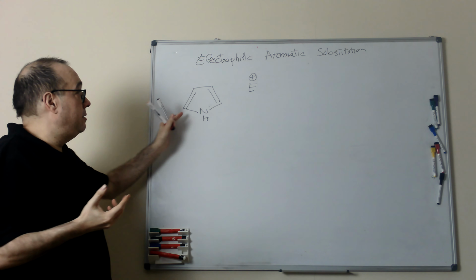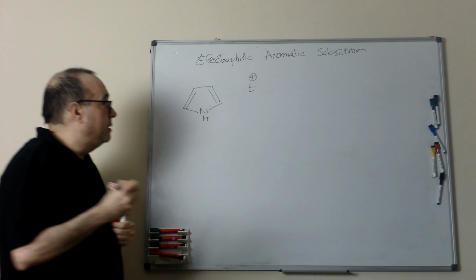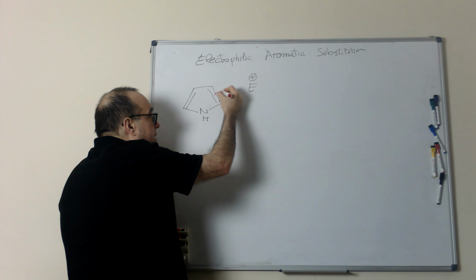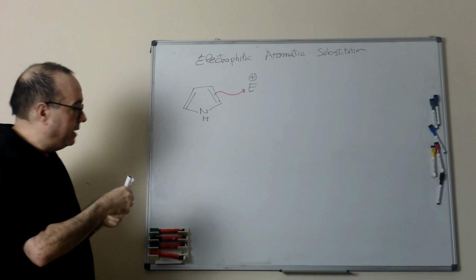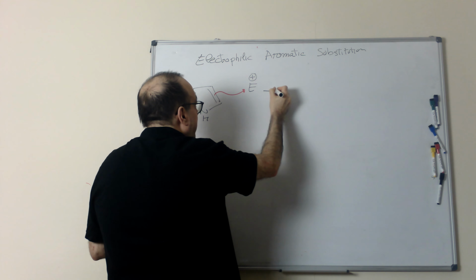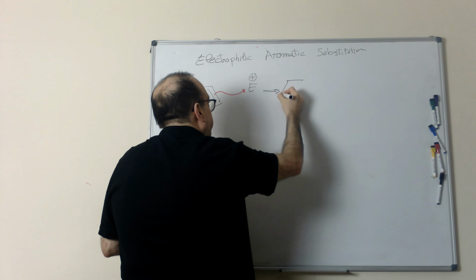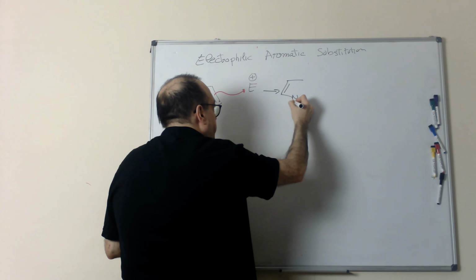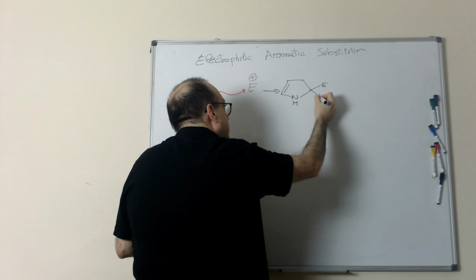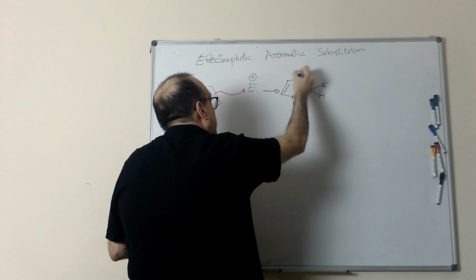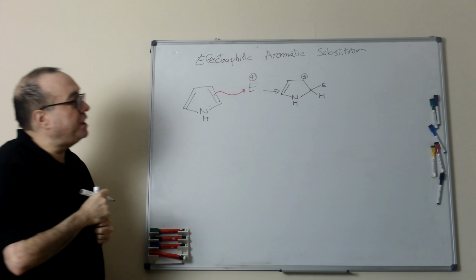We know that any aromatic that is reacting with an electrophile, basically the pair of electrons will attack the electrophile. Okay? And we will generate, in this case, for example, if we attack in the second position, this intermediate.